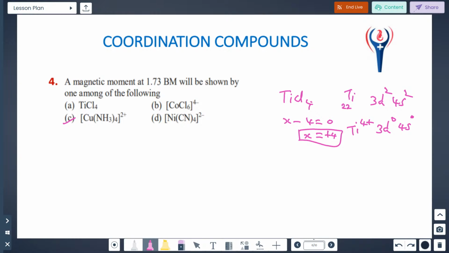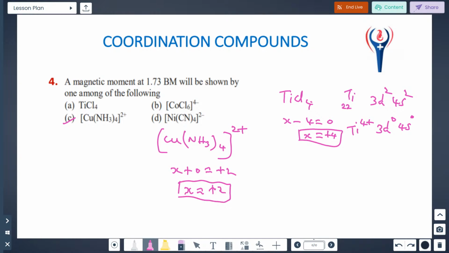Take this complex, [Cu(NH3)4]2+. X plus 0 is equal to plus 2, so X is equal to plus 2.